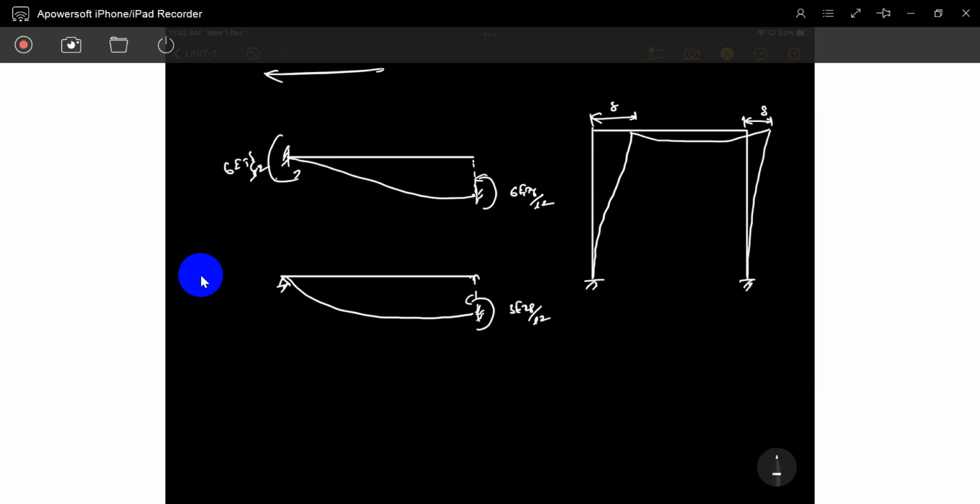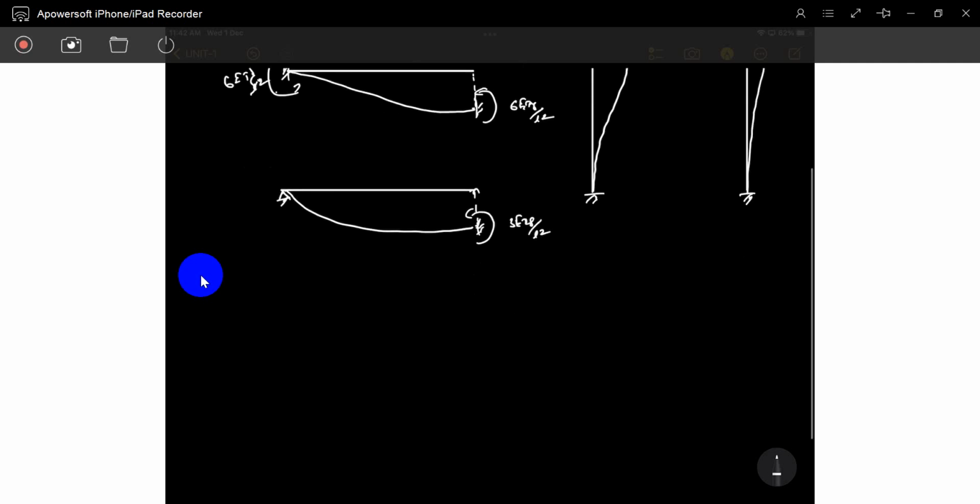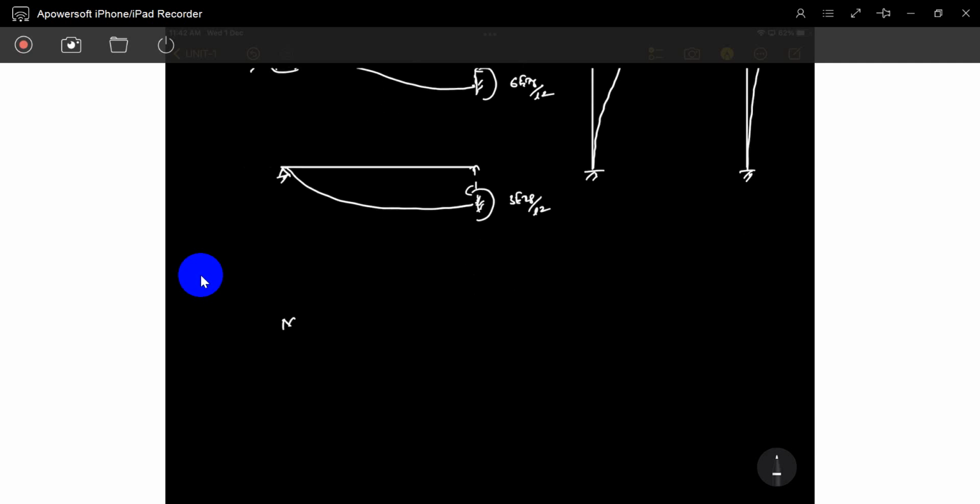See, first I will show one thing. Previously we solved the same problem, like MAB. How do we write the final end moment?